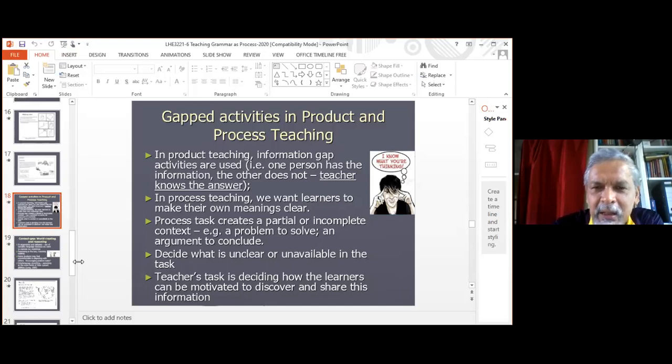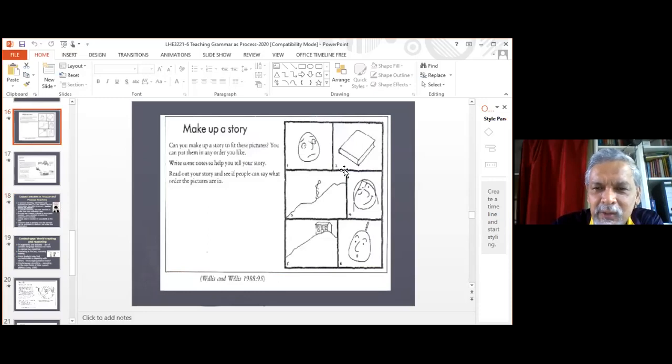In process teaching, this may not necessarily be the case. If you go back to this, you'll find that even the teacher won't know how the student is going to tell the story. But if it is product teaching, you structure it in such a way that the teacher will know how the story is going to be told. Although the student's classmate may not, the teacher will know.